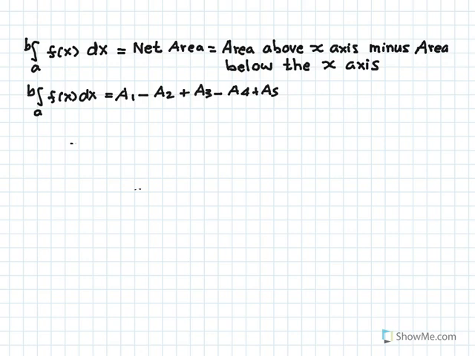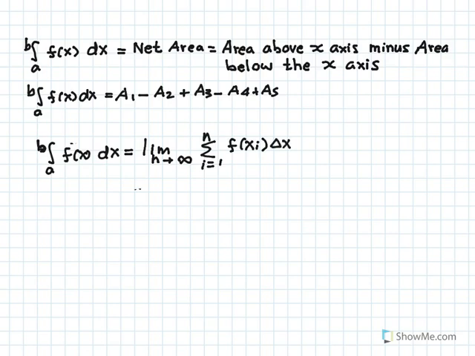Let's look at another theorem. If f of x is integrable on [a, b], then the integral from a to b of f of x dx is equal to the limit as n goes to infinity of the sum from i equals 1 to n of f of xi delta x.